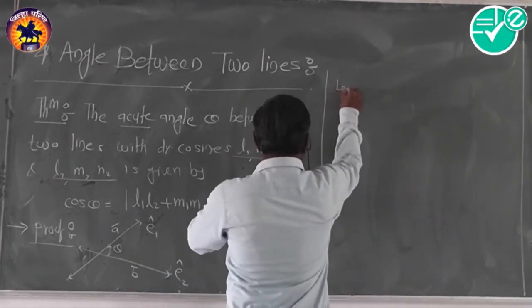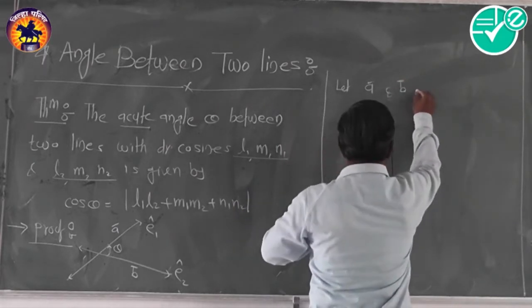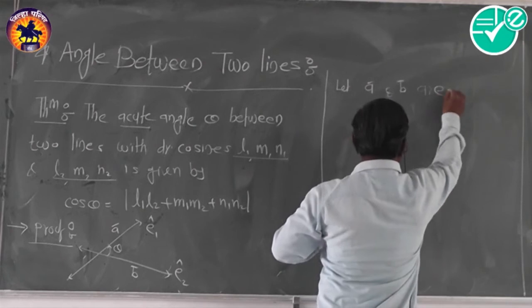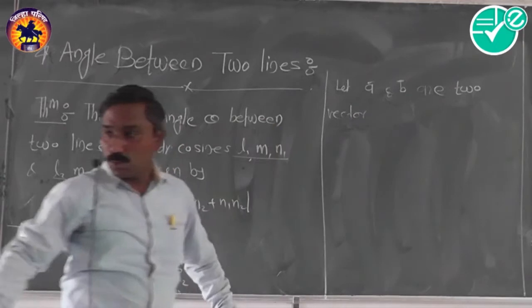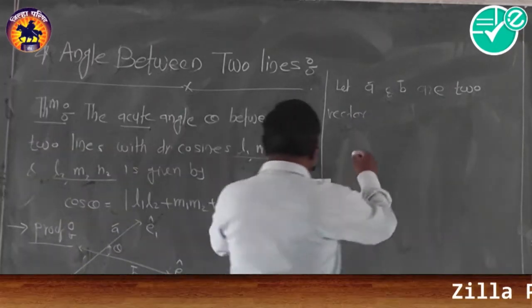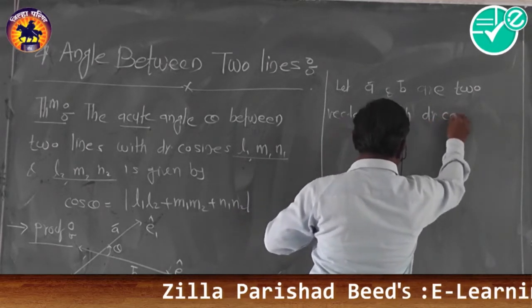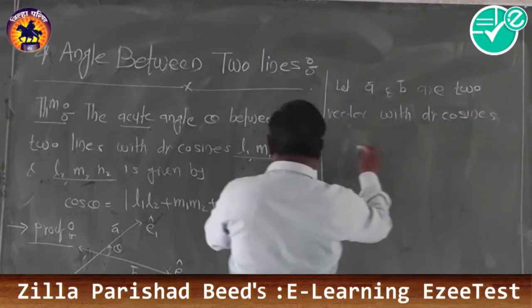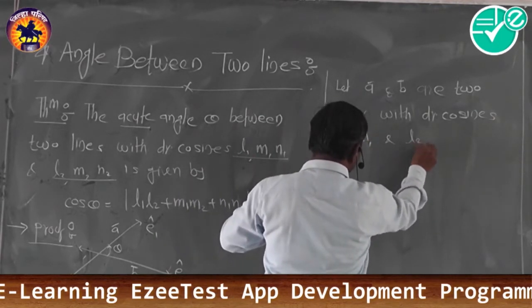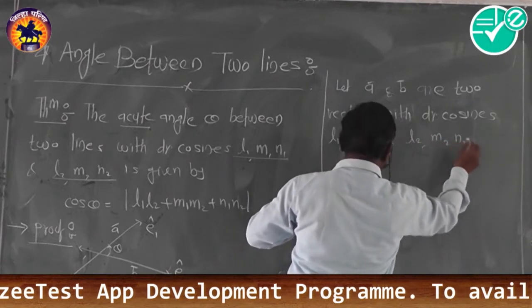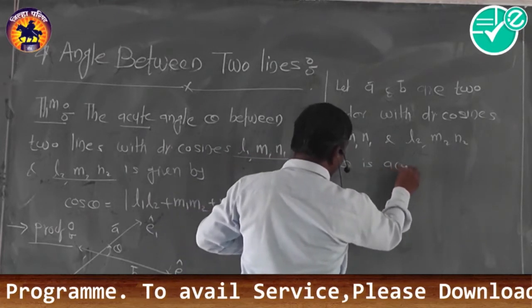Proof. Let A bar and B bar be two vectors with direction cosines L1, M1, N1 and L2, M2, N2, and theta is the acute angle between them.